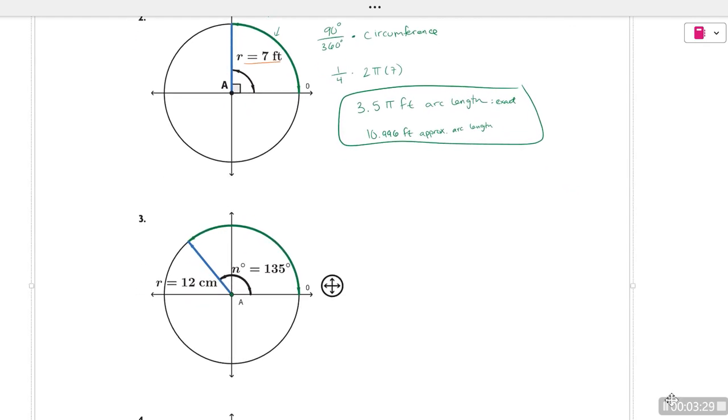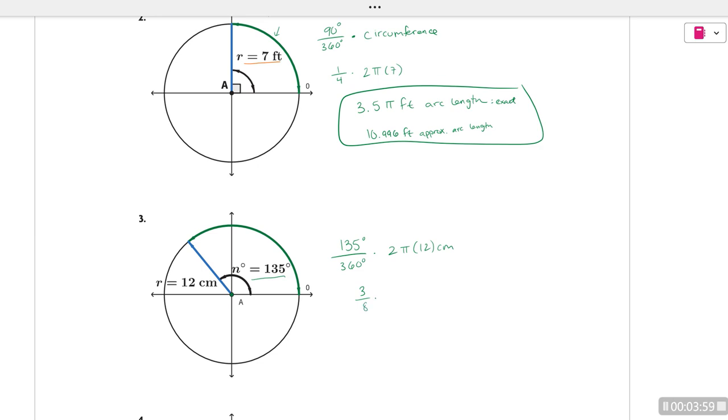So question number 3, it tells us that the length of this green arc is 135 degrees. So it's 135 out of the whole circle, 360 times 2 pi times 12. And we know we're in centimeters because it tells us that the radius is 12 centimeters. So 135 divided by 360 comes out to 3 over 8.